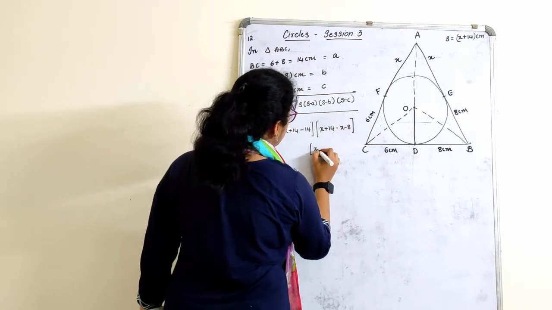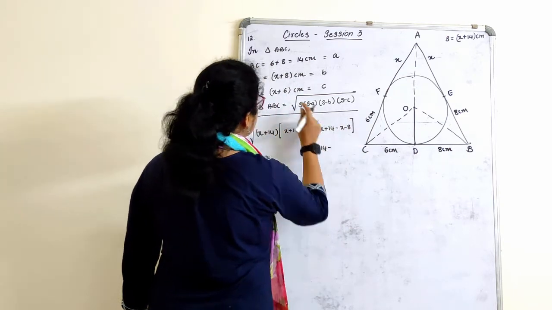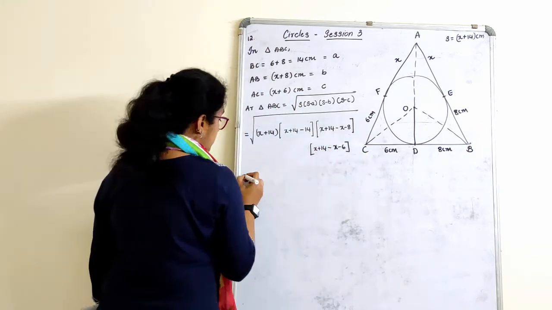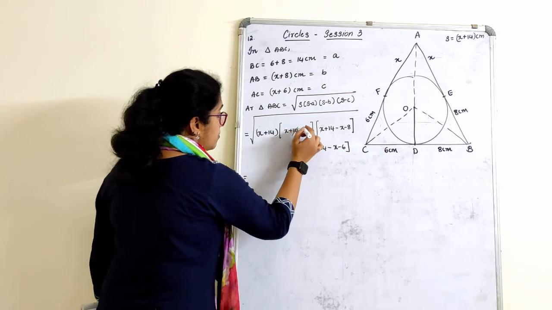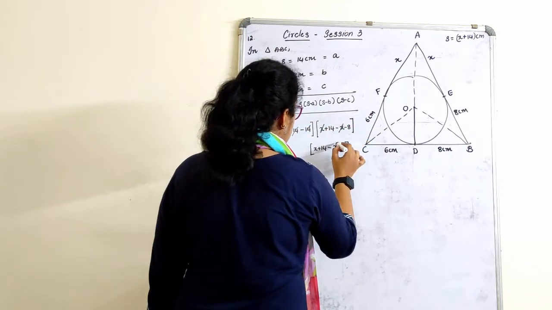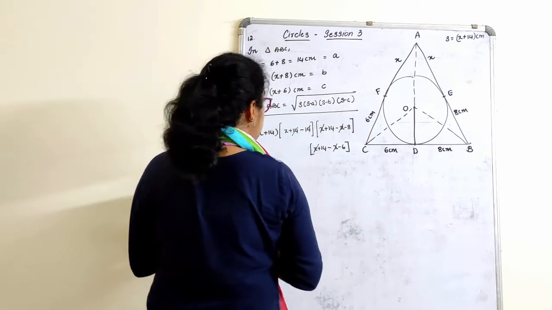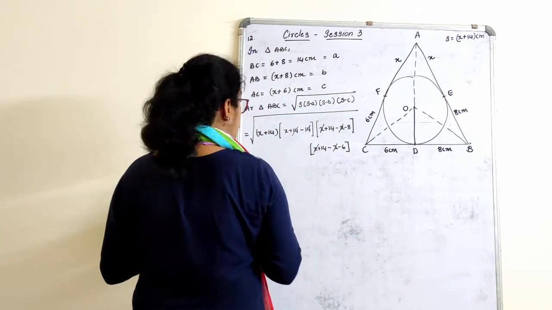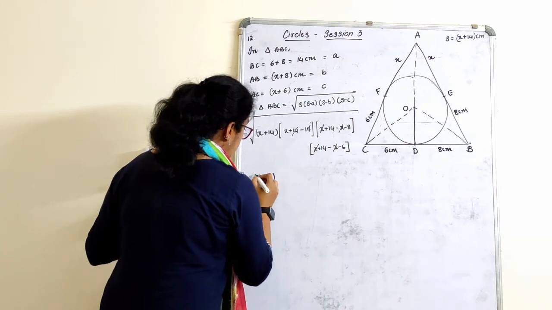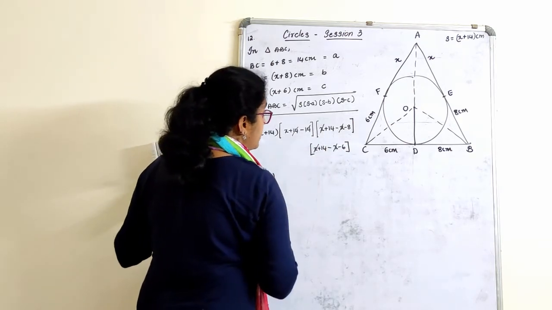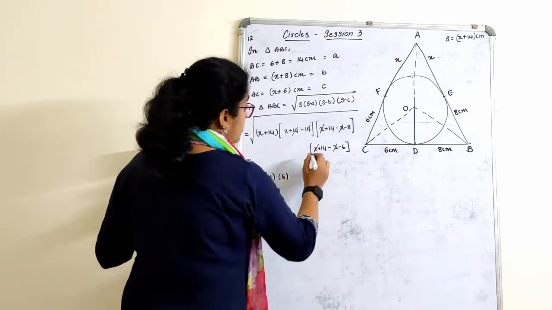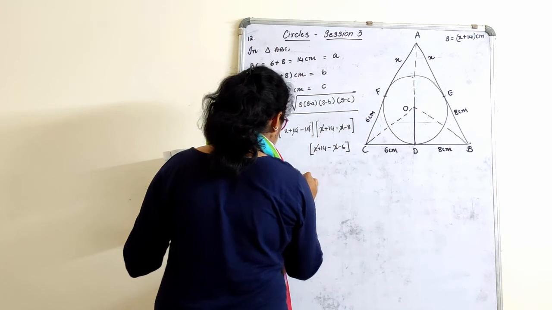The next is x plus 14 minus x plus 6 minus x minus 6. Simplify the bracket. Plus 14 minus 14 plus x minus x plus x and minus x. So x plus 14. Here 14 minus 8 you will get it as 6, and 14 minus 6 you will get it as 8.